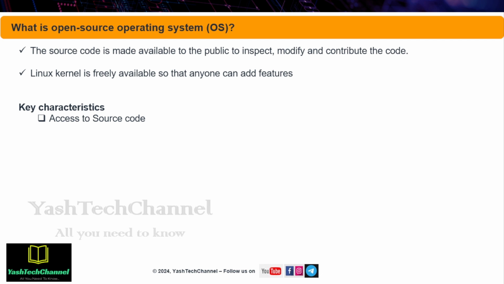This allows users to understand how the software works, make modifications, and contribute improvements. As I mentioned, I can provide my code to the end users. They can understand how it is written, where they can make modifications, and how they can contribute, because of this access to the source code.